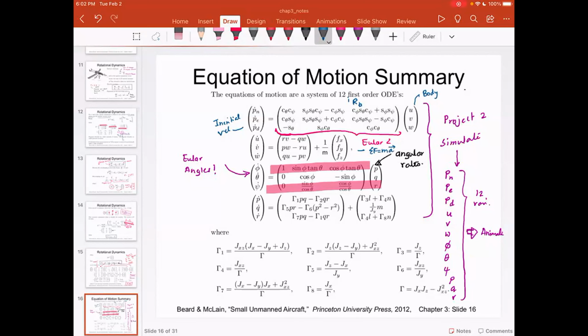I take mass on one side, and now I have an equation for acceleration that is given in terms of rotational rates, the linear velocities, and the forces acting in the x, y, and z direction. At this point, I want you specifically to pay attention to these terms, fx, fy, and fz.